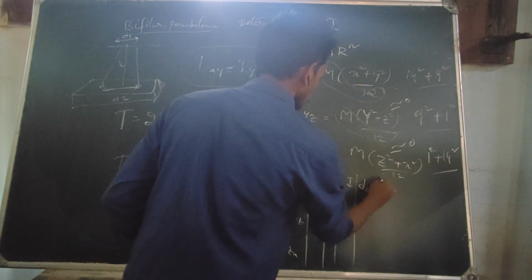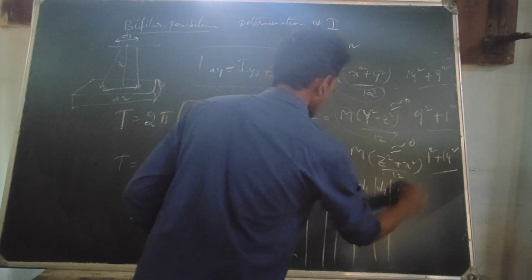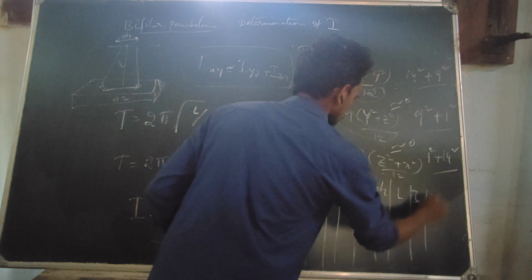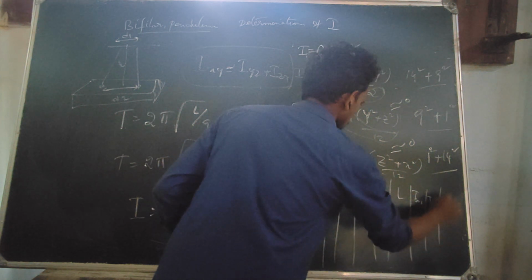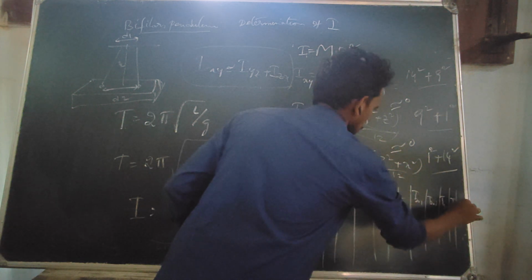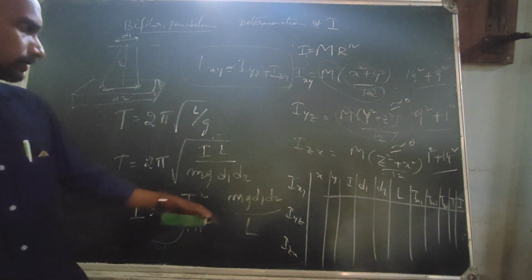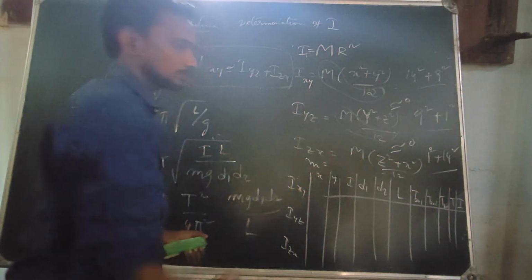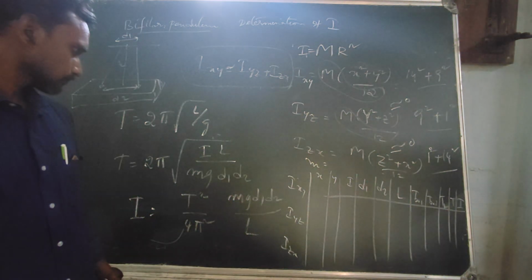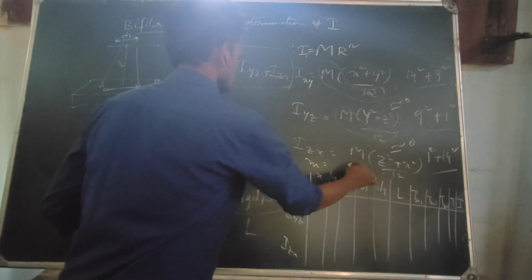Another set D1, D2, L, T20 first time, T20 second time, T average and T. Then calculation of I. Using this, the m value and G value are outside.